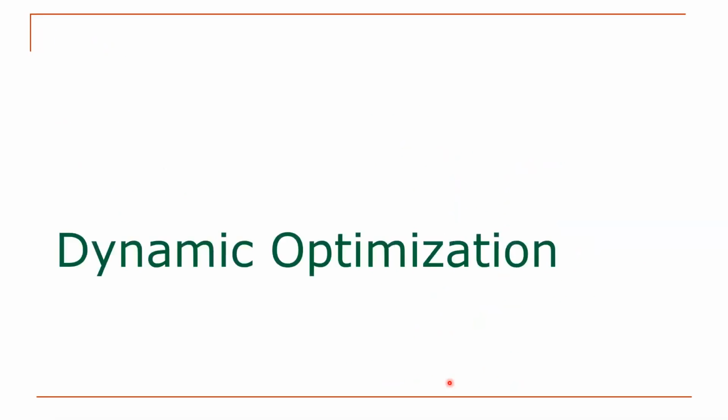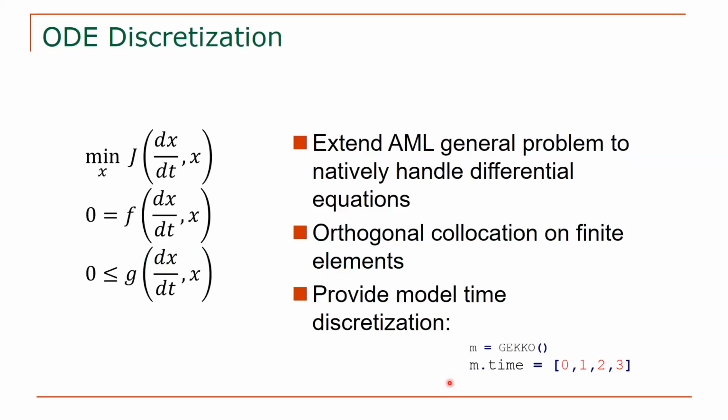So dynamic optimization is kind of the specialty for GEKKO. That extends the regular algebraic problem to differential equations. Specifically, GEKKO is designed for just ordinary differential equations in time, and it has built-in discretization for that. Most modeling languages require you to provide your own discretization.